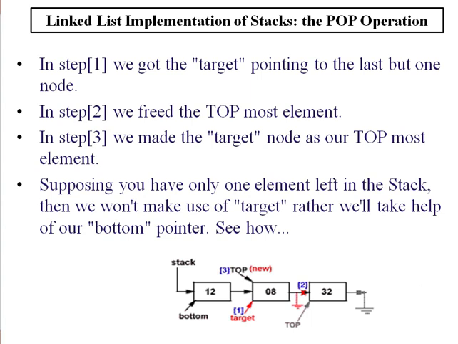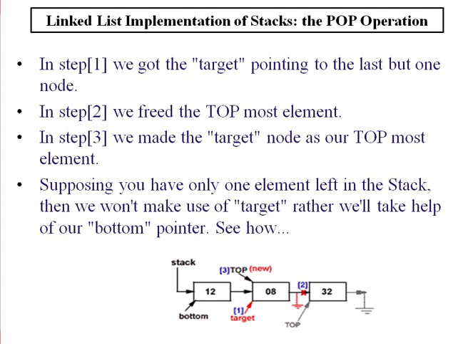So in the case of the pop operation, when we are implementing the stack as a linked list, we should use another third pointer named target, so that we can easily bring the top variable down to the node that is pointed to by the target pointer.